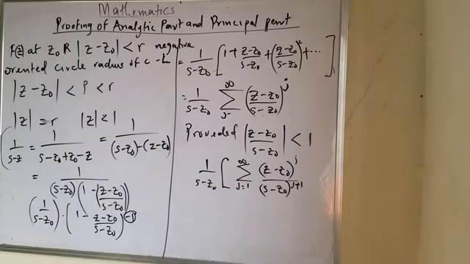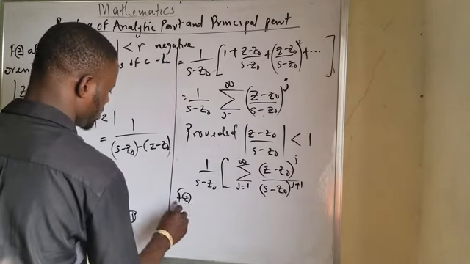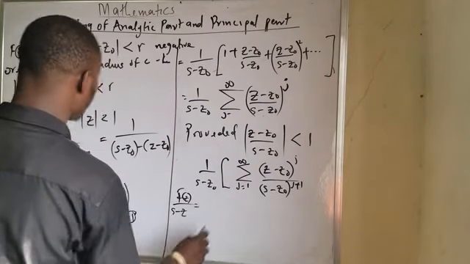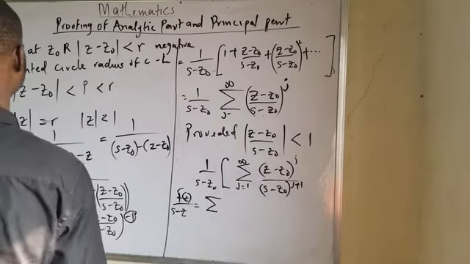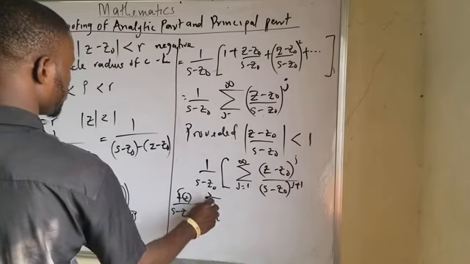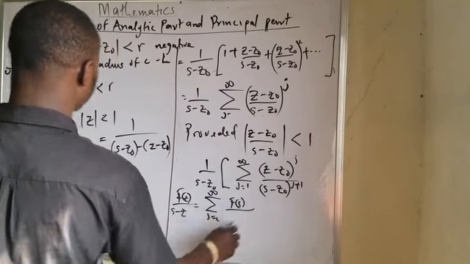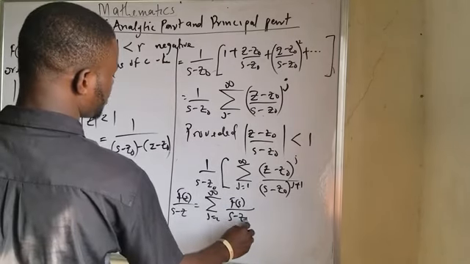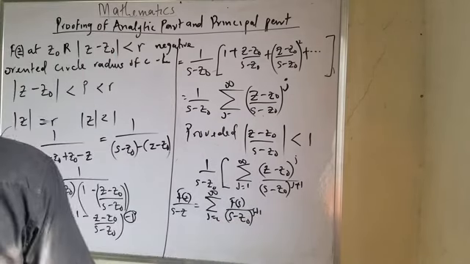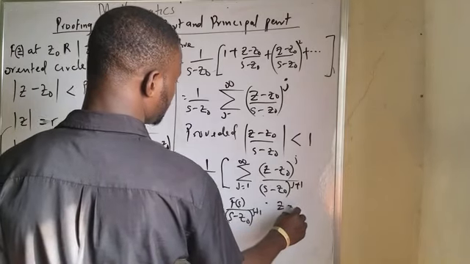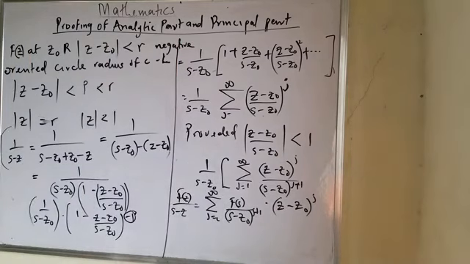Now, since I have it that way, my f of z divided by x minus z will be equal to the summation, j equals 0 to infinity, of f of x divided by x minus z naught bracket of j plus 1, dot z minus z naught bracket of j.